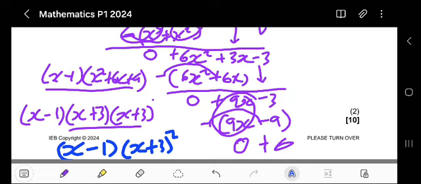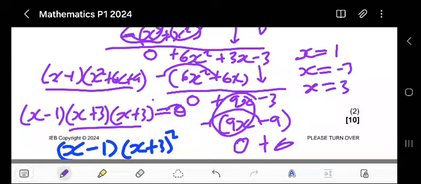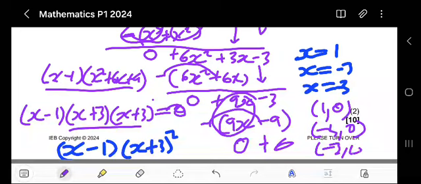They want the x coordinate, that's fine. If you want the x coordinate, remember all of this will equate to 0. Then x will simply equal 1, x will equal minus 3, x will equal minus 3. So then obviously the coordinates are simply 1, 0 and minus 3, 0.